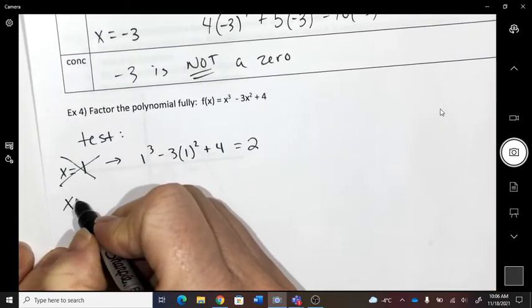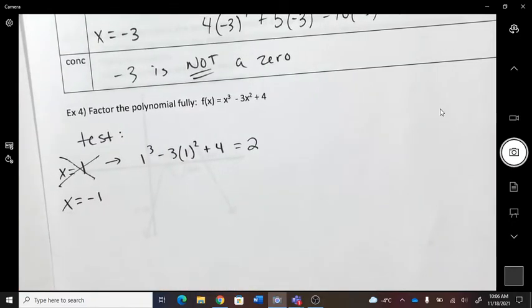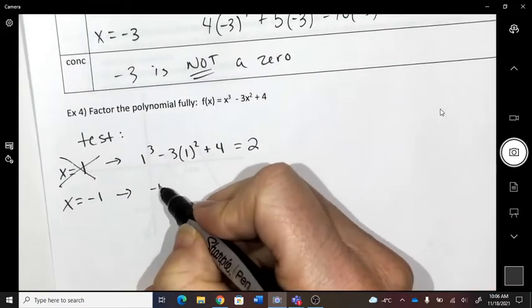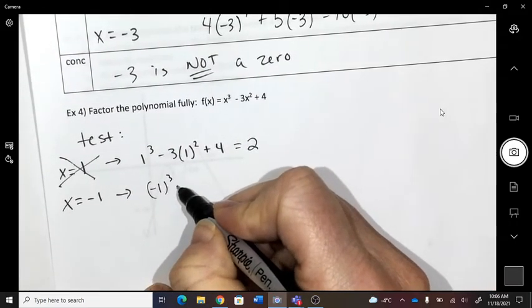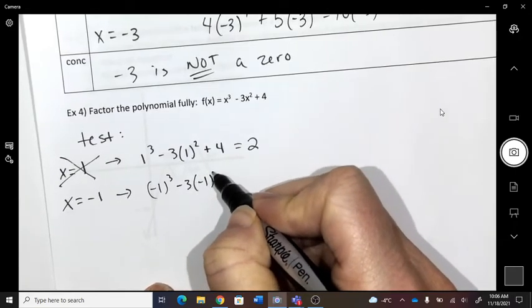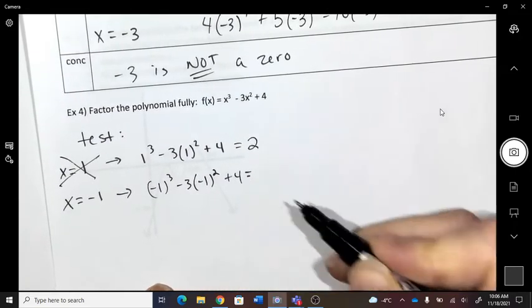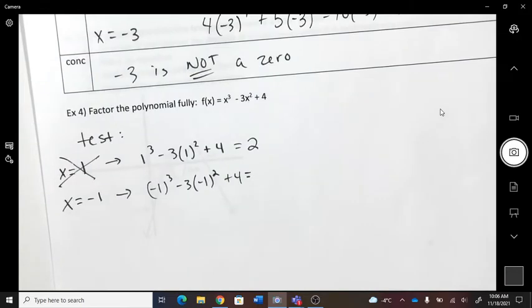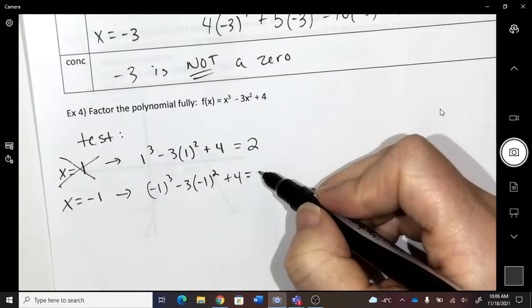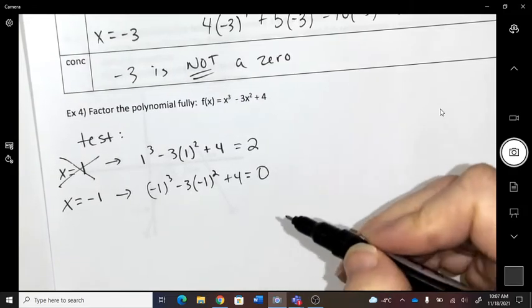So I'm going to now go to negative 1. I'm going to plug in negative 1. So negative 1 cubed minus 3 times negative 1 squared plus 4. Mental math, calculator, not sure what you're doing. And it equals 0.